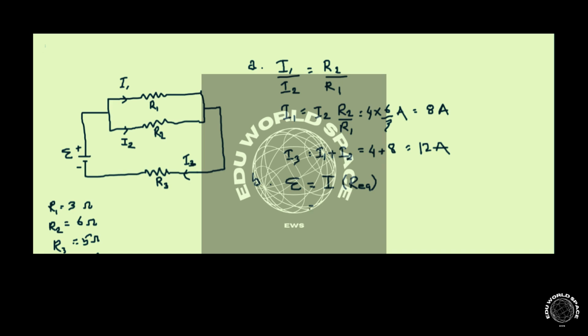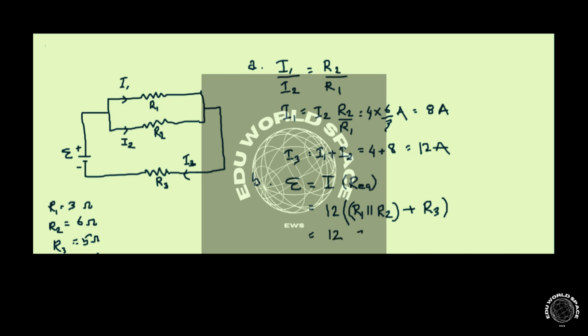The current flowing through the circuit is 12 amperes, since I3 carries the total current. The equivalent resistance is R1 parallel to R2, and these are in series with R3. So this is equal to 12 times R1 parallel R2.